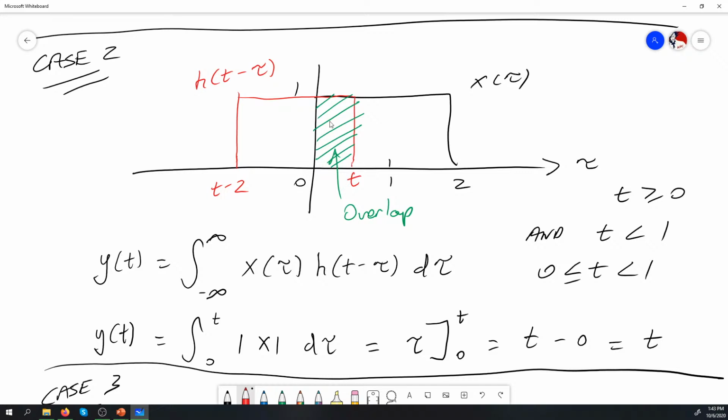So that's why we use those limits, only for where the signal overlaps with each other. Because this leading edge for h of t minus tau has not even approached a value of 1 accordingly, the overlap only occurs where the integral exists, so that's why we say it's in between t and 0.